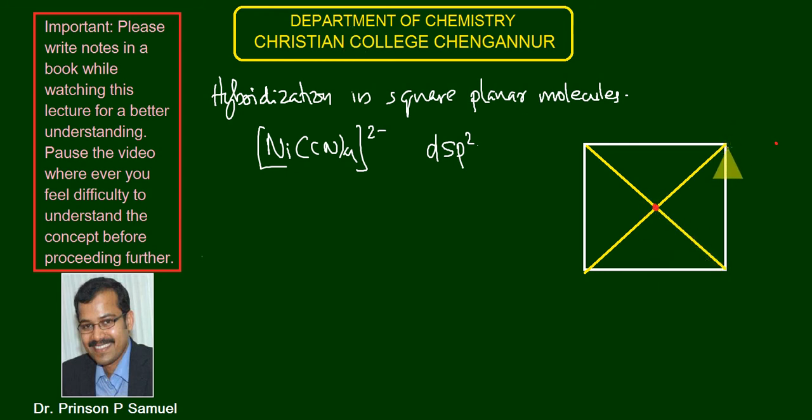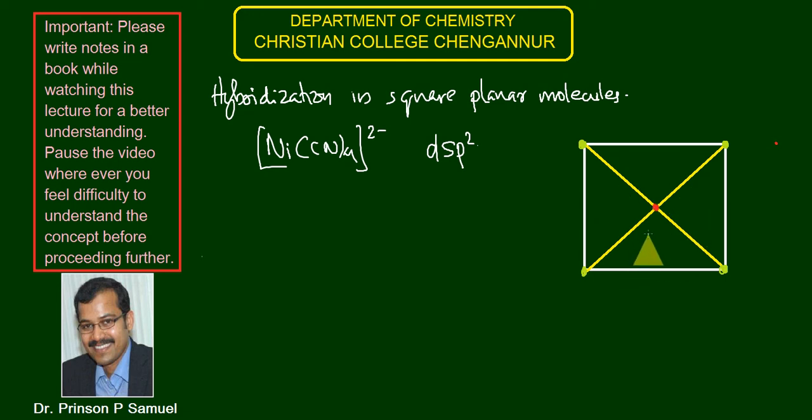And these corners of the square will be occupied by some other atoms or groups. So here will be one atom, another atom will be there, another atom here, and another atom here. Okay, so this is how the square planar molecule will look like. And you know that this is a planar molecule, and the molecular plane is the plane of the board itself.